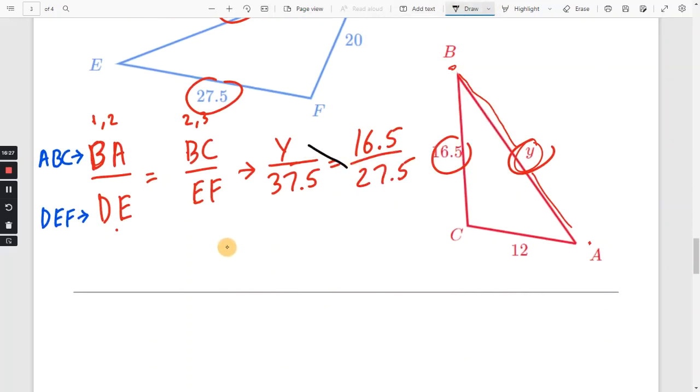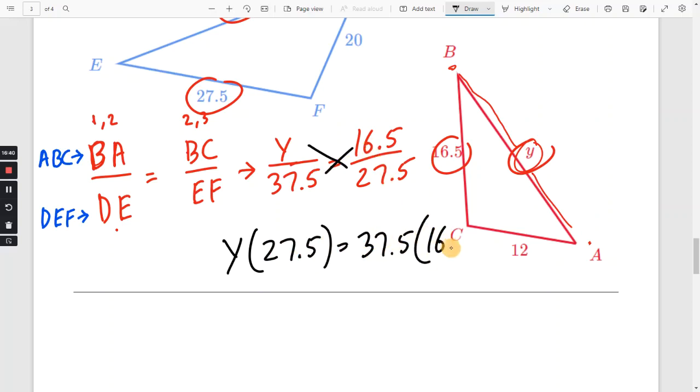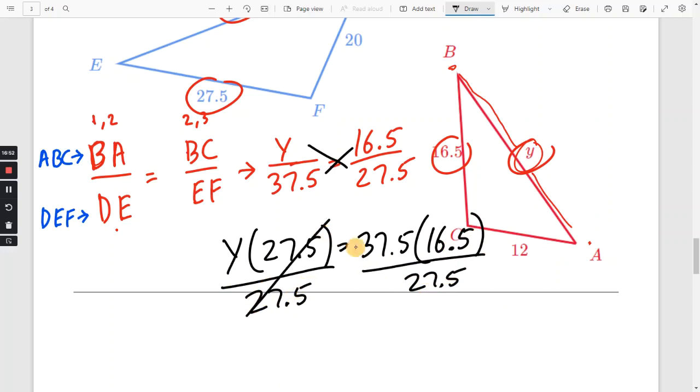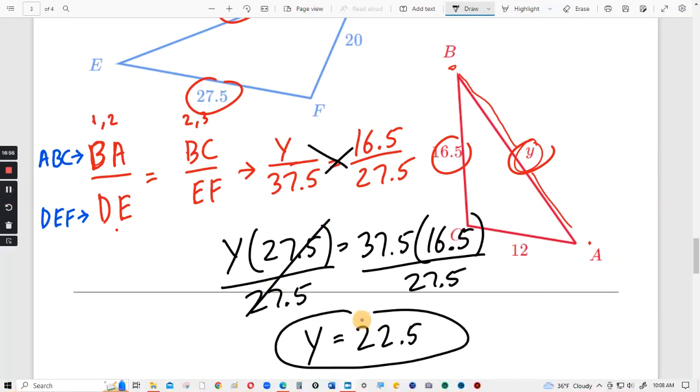Y times 27.5 equals 37.5 times 16.5. Okay, solving for Y. Divide both sides by 27.5. Cancels here. I'll do this on the calculator. And I get Y equals 22.5.